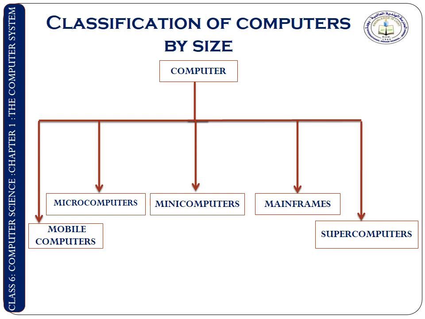Number 3, minicomputers, which are larger than microcomputers in size. Number 4, mainframe computers. They are big, powerful and expensive multi-user computers. And the last one, number 5, supercomputers, the biggest and most powerful computers in the world.